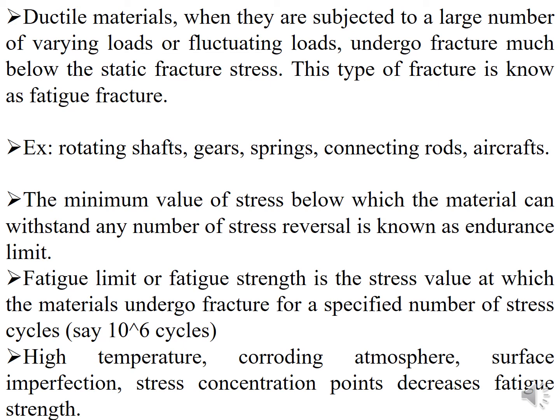For example, aluminium. For 10 raised to 6 cycles, if a material is able to withstand that stress, then that is taken as fatigue strength. High temperature, corroding atmosphere, surface imperfections, and stress concentration points decrease fatigue strength.